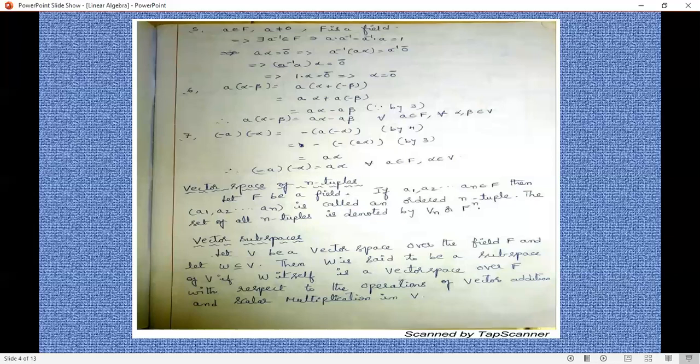Let V be a vector space over the field F, and let W be a subset of V. Then W is said to be a subspace of V if W itself is a vector space over F with respect to the operations of vector addition and scalar multiplication in V. Simply we say that if W is a non-empty set contained in V, and W itself is a vector space, then W is a subspace of the vector space V of F.